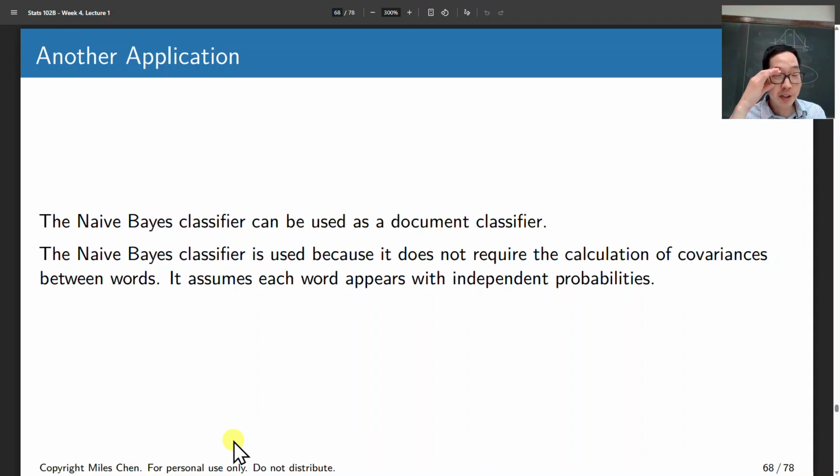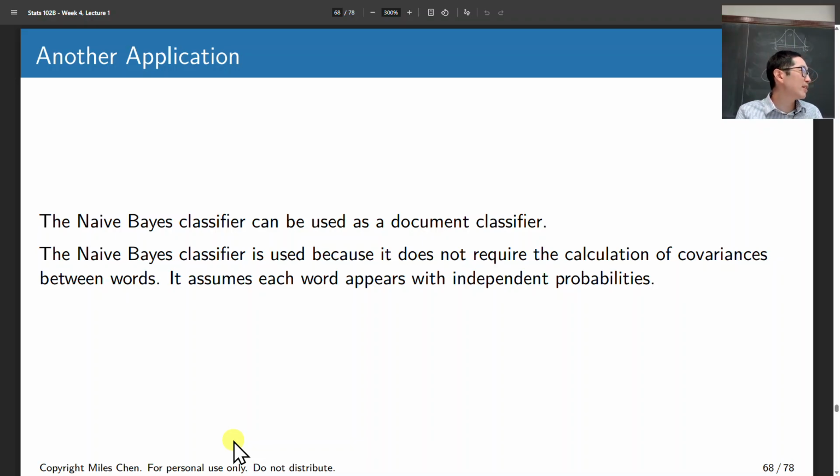Another application of the naive Bayes classifier is that we could use it for, say, document classification. Okay, and this almost seems trivial, but it is a handy way.